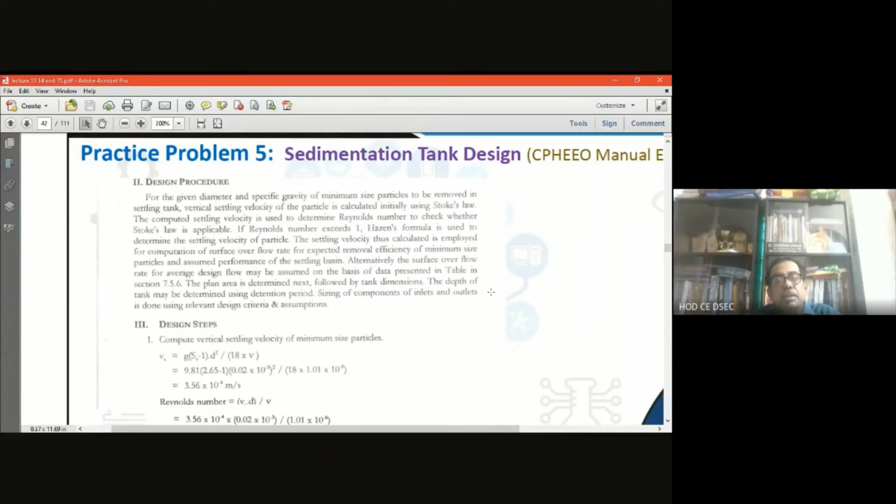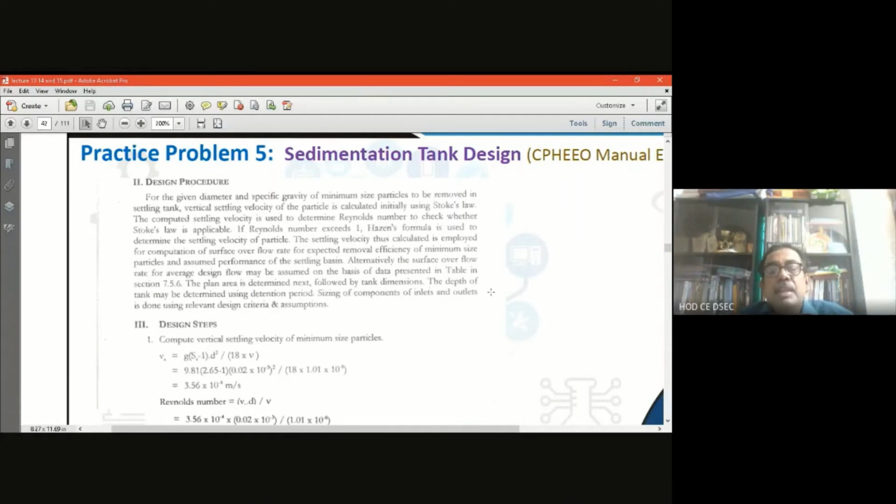Otherwise, if it is greater than 1, then we will follow the Hazen formula that I have also shown earlier. So first you have to check the applicability of the Stokes formula or the other formula depending on the Reynolds number. Second, the settling velocity calculated is employed for computation of the surface overflow rate for the expected removal efficiency of the minimum size of the particle and the assumed performance of the settling basin.